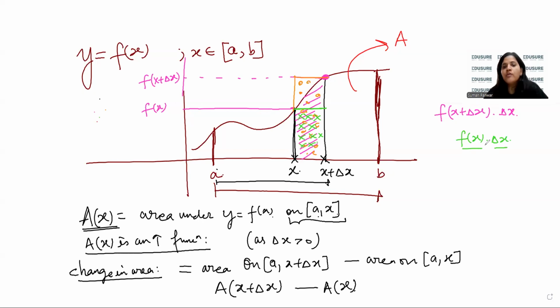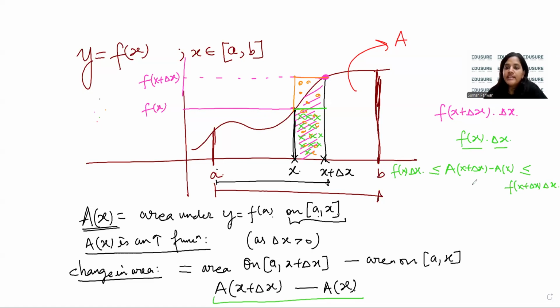What we get from this diagram is that the change in area, A(x + delta x) minus A(x), is greater than or equal to the area of the lower rectangle, which is f(x) delta x, and less than or equal to the area of the upper rectangle, which is f(x + delta x) times delta x.